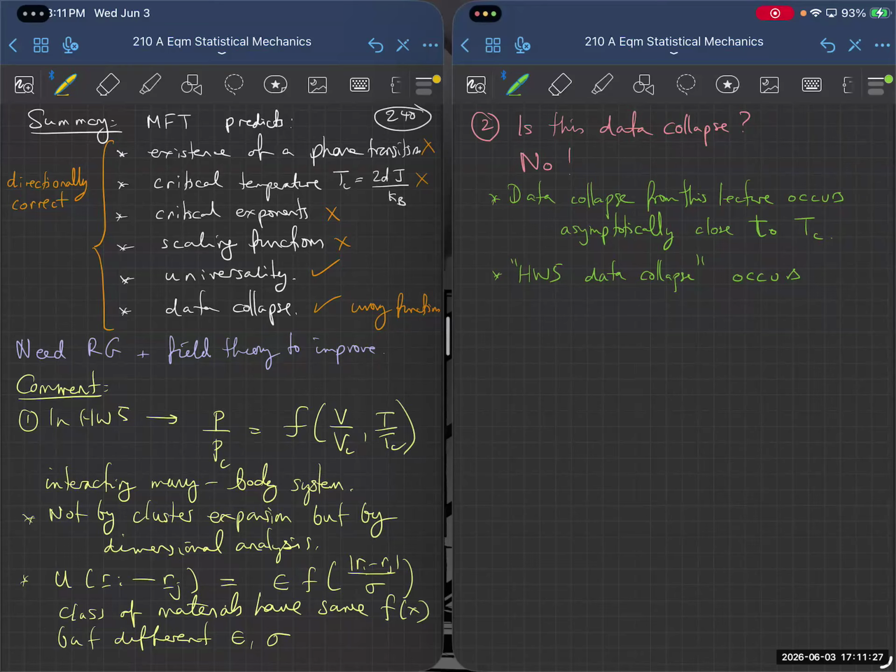So they have to have the same function for the pair potential, just as you said. But what is the restriction in terms of where you are in the phase diagram? That's what I'm asking. What we talked about today is being all asymptotically close to T_C. We did all sorts of approximations, even in mean field theory, to be arbitrarily close to the critical point. What is the approximation we're making in the other one?